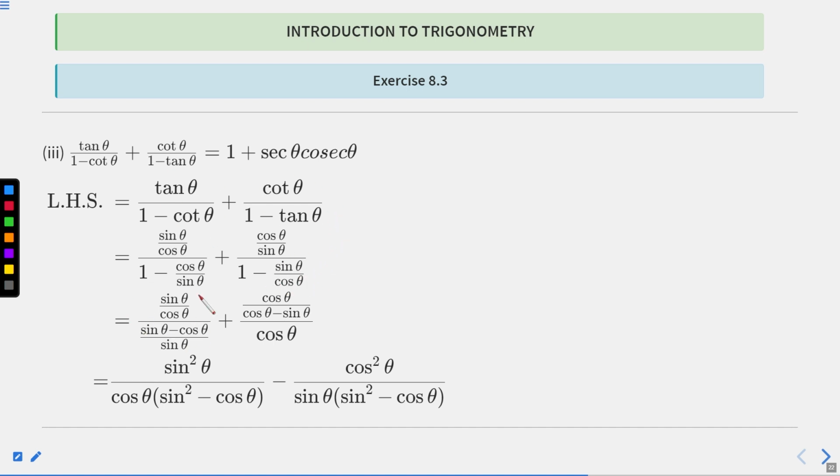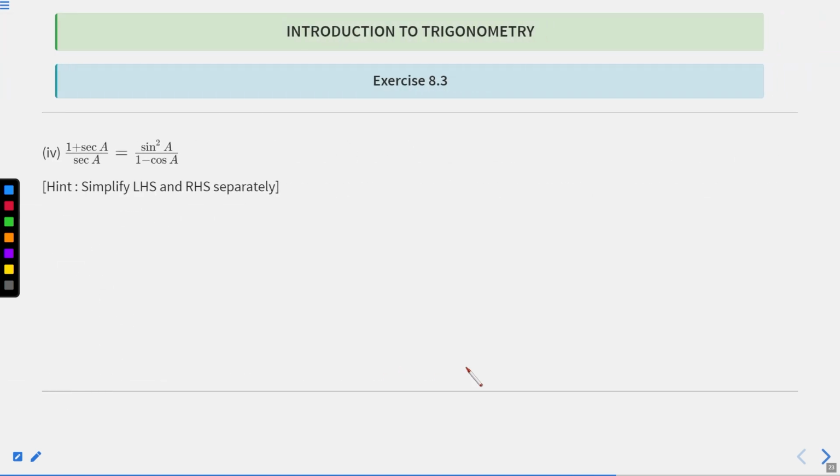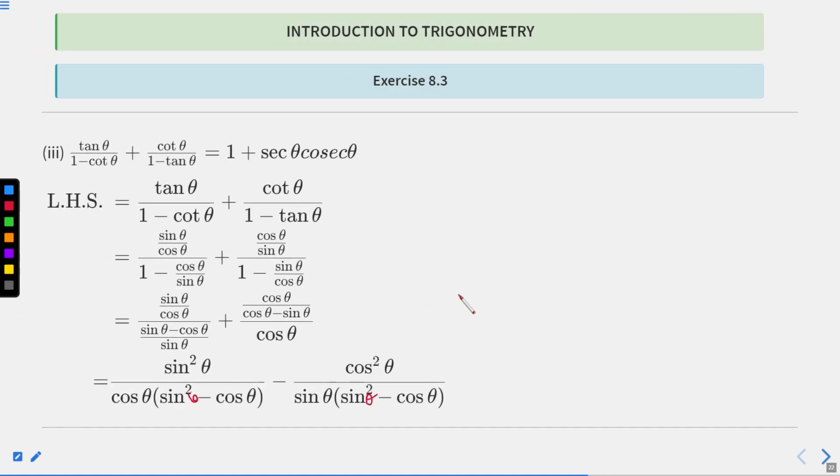Okay, so if we simplify it, then we will get this is equal to sin theta by cos theta divided by (sin theta minus cos theta) by sin theta plus cos theta by sin theta divided by (cos theta minus sin theta) by cos theta, and this is equal to sin square theta by cos theta into (sin theta minus cos theta) minus cos square theta by sin theta into (sin theta minus cos theta). Okay, and if we further simplify, then you get this is equal to 1 plus sec theta into cosec theta. Okay, so left hand side is equal to right hand side, hence proved.